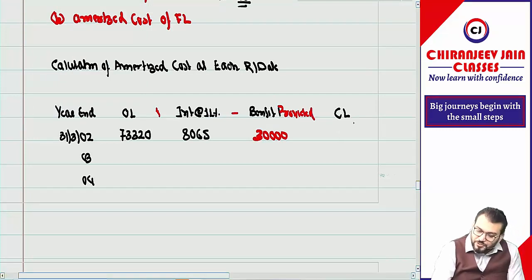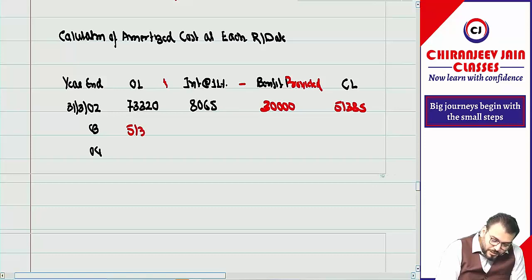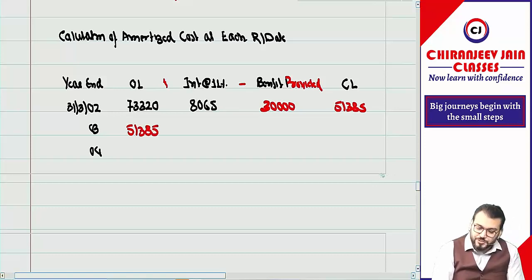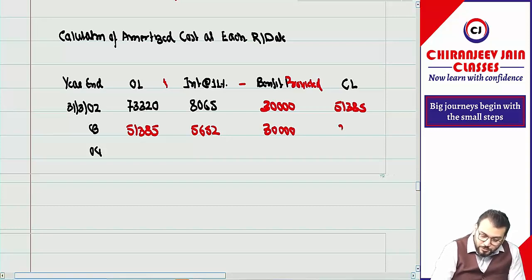How much is the amortized cost? 51385. Then 51385, what is the interest? 5652. Then once again 30,000, then it becomes 27037.